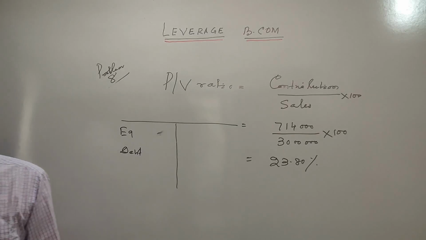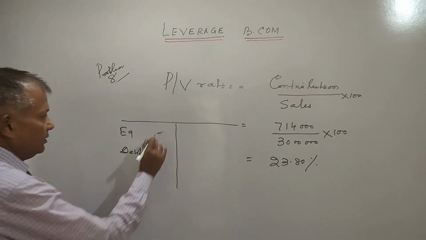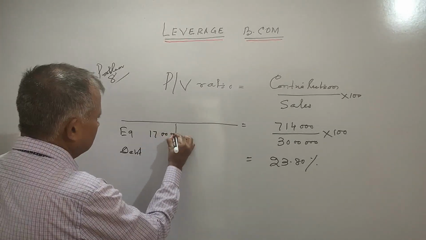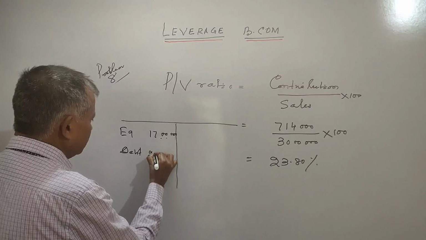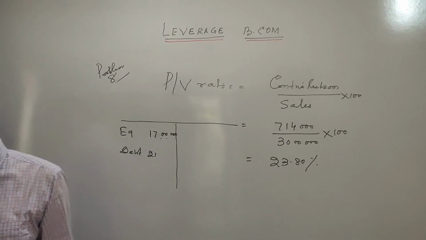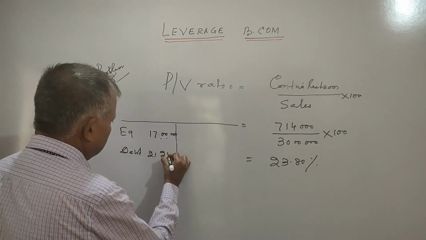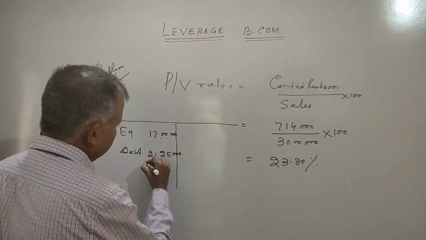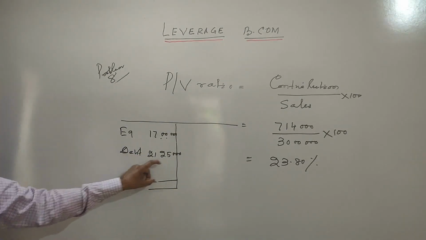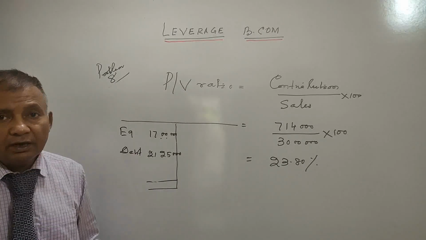The equity they have given you is 17 lakh, and the debt capital is 21,25,000, right? This I am showing you for your understanding. The other liabilities, like current liability, they have not given you.